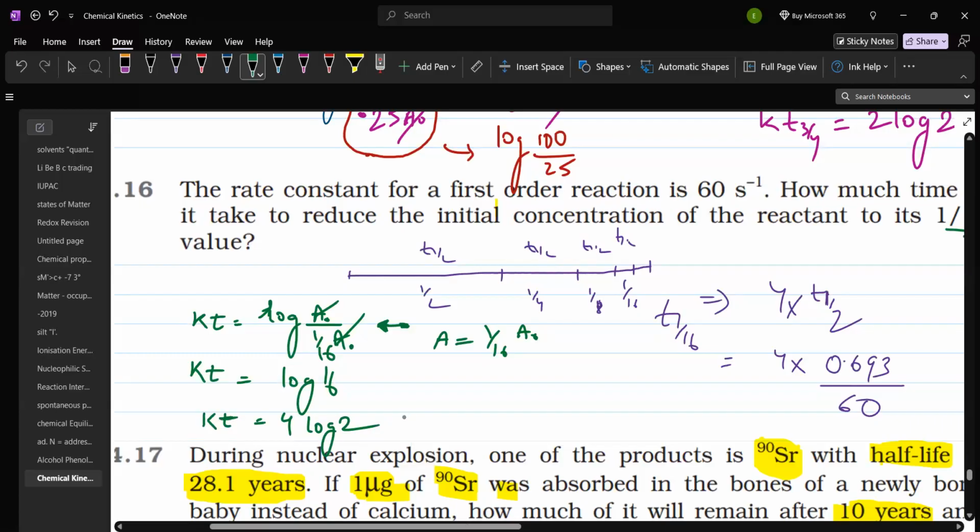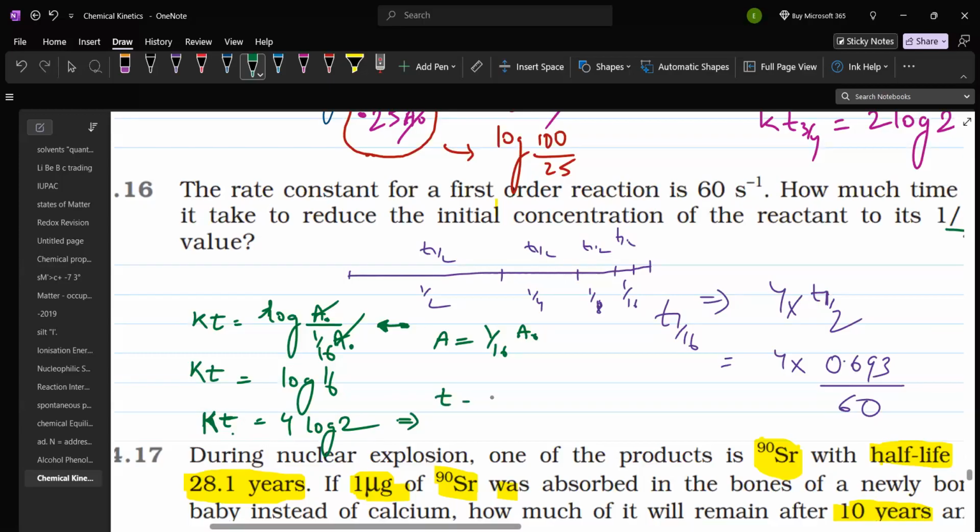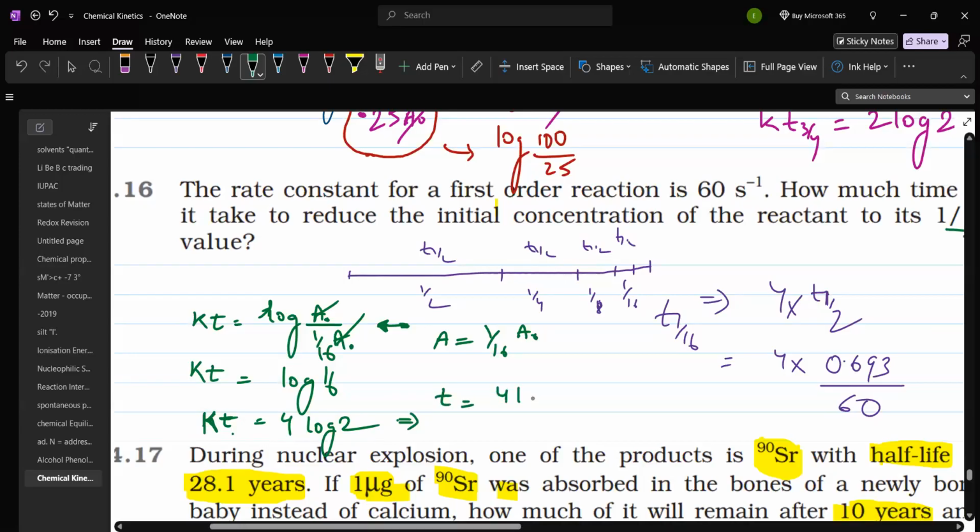When you solve this, we know we have the value of k, right? And we want to know the value of T here. Everything is known. So when you solve this, T will be 4 log of 2 upon k.